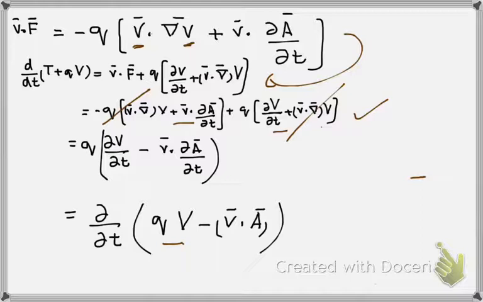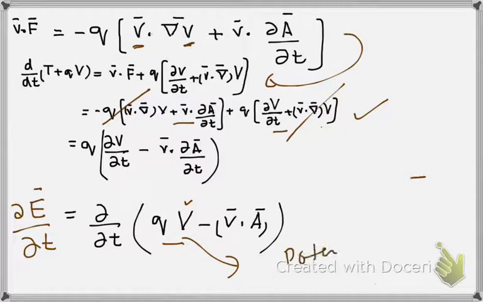Now we have to recognize this term. As you know that V is the potential, v dot A also has the dimension of potential per unit charge. V has the dimension of potential per unit charge, so v dot A should also have the dimension of potential per unit charge.